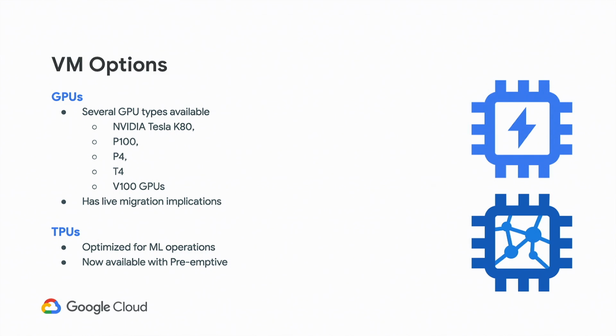From a ResNet-50 performance benchmark, the Cloud TPU v2 pods perform 27 times faster in training and at 38% lower cost compared with 8 V100s. Both GPUs and TPUs have preemptible pricing options, which give straight 80% off. We're going to talk about that later. And both of them cannot be live migrated.